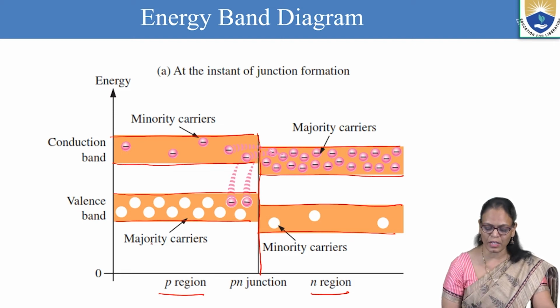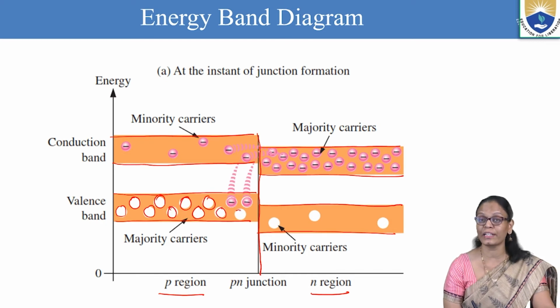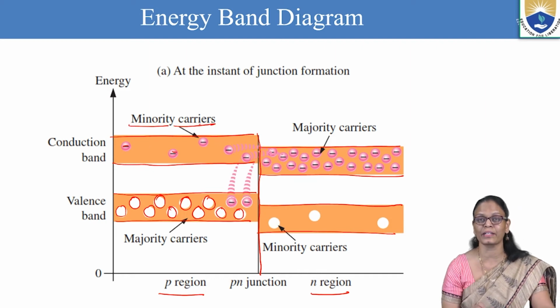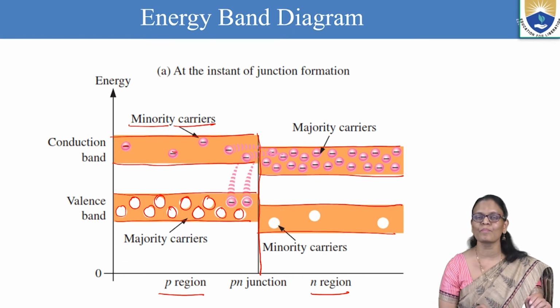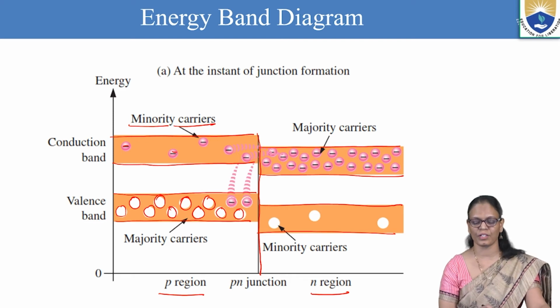Now, when we see P type, holes are the majority carriers. These are holes in the valence band. They are majority carriers. And these are electrons in the conduction band. They are minority carriers. This is one more point you need to remember to understand the energy band diagram and the movement of electrons and holes across the junction.